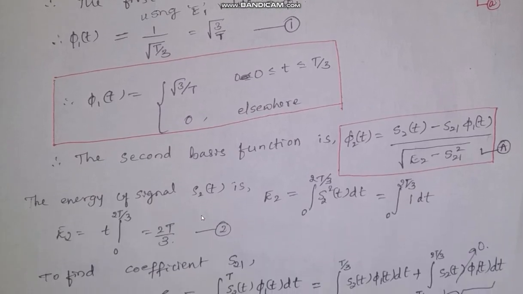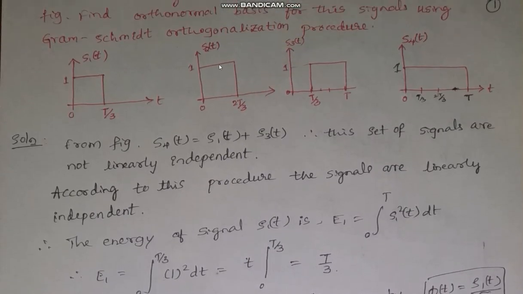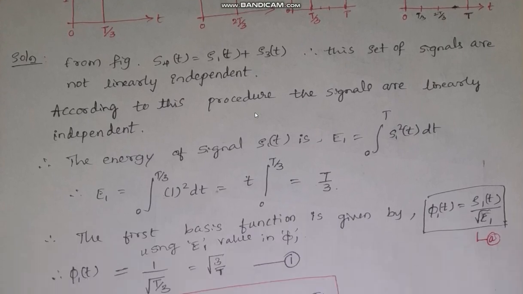Now we have to find the second basis function by applying this equation, which is the simplified one. Already we have explained about this. Phi 2 of t is given by S2 of t minus S21 into phi 1 of t, over square root of E2 minus S21 whole square. So S2 of t we know already, which is having an amplitude value 1 from 0 to 2T by 3, correct?